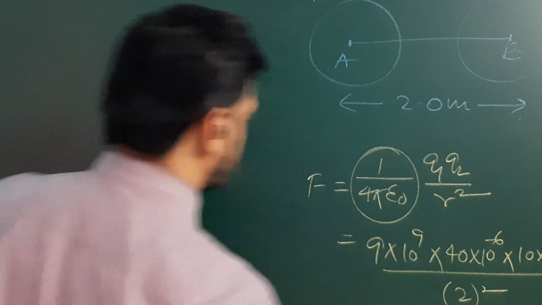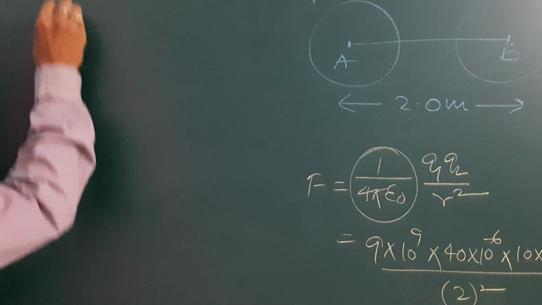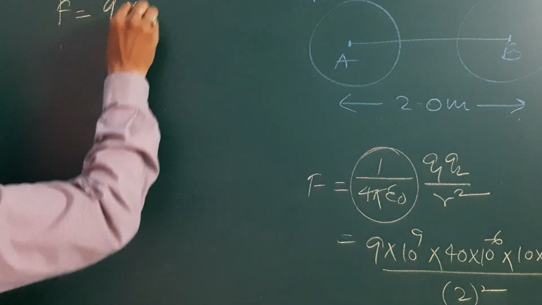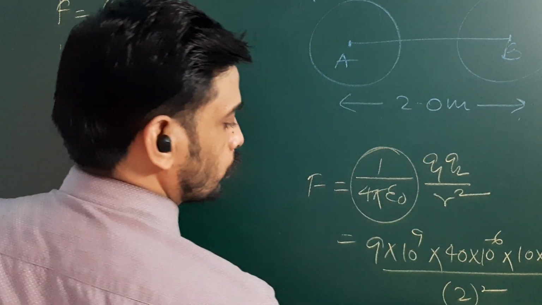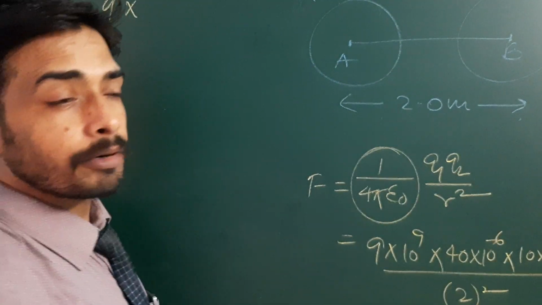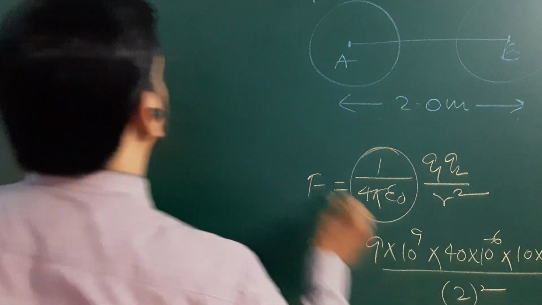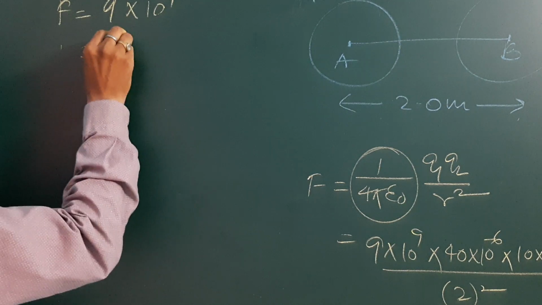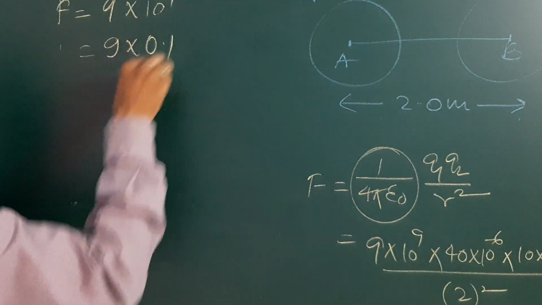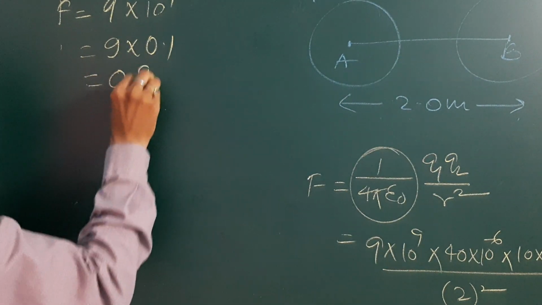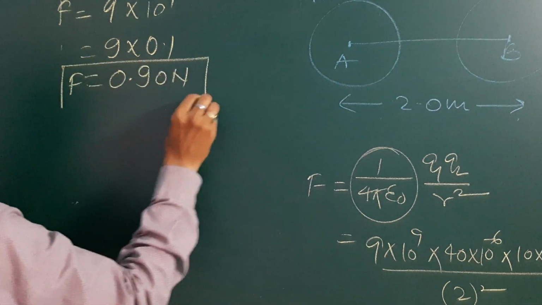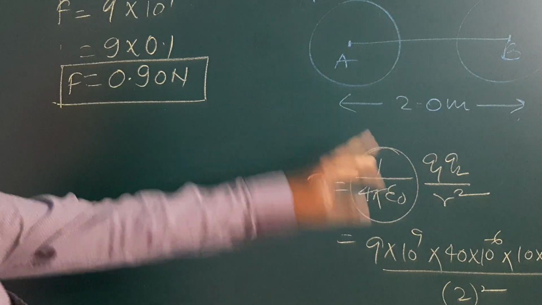So it is cancelled. Now F is equal to how much? 9 into 10 power 11 minus 12, it is 10 power minus 1. It will come 10 power minus 1, that is 9 into 0.1. So it will be 0.90 newton. That is the force between them.